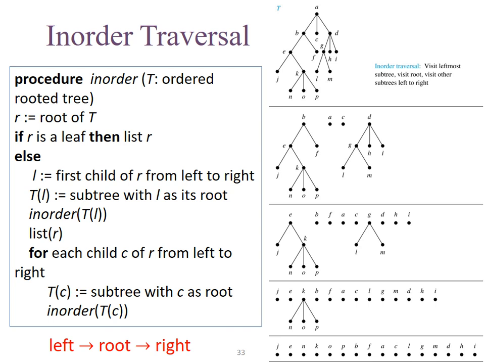So now we have the root A and we have three subtrees. So now we have four different components we need to visit. But by in order traversal, we need to visit the left subtree first, and then A, and then C, and then the subtree by D. Now when we need to visit the first left subtree, we consider the root is B, then we have three different components.